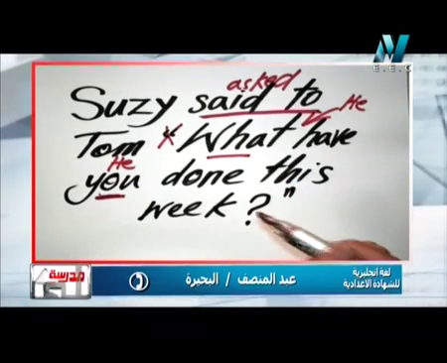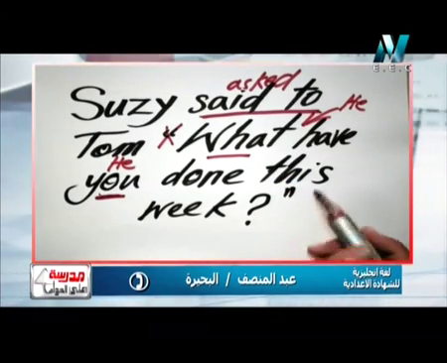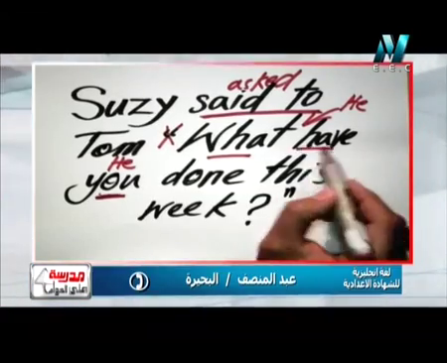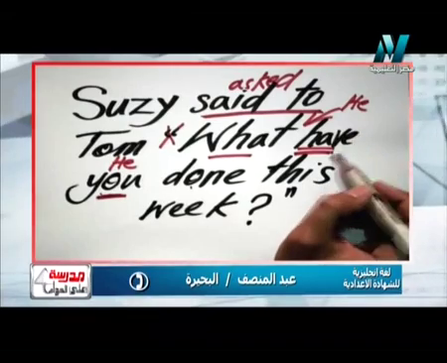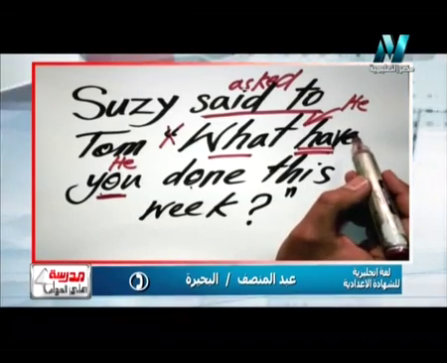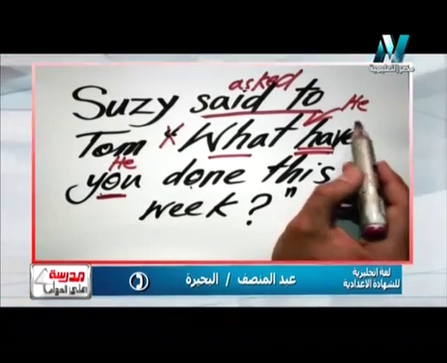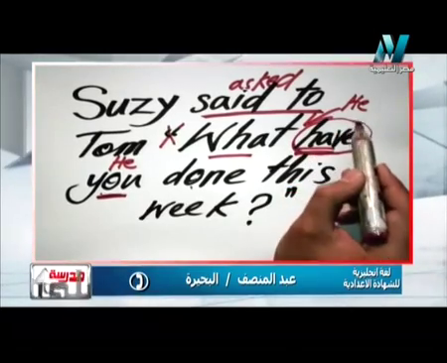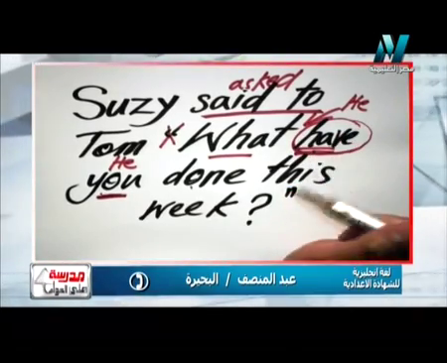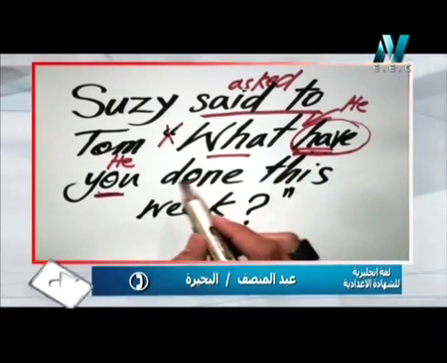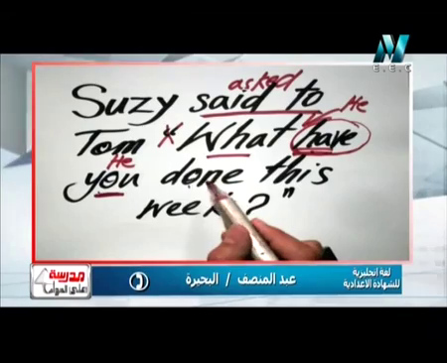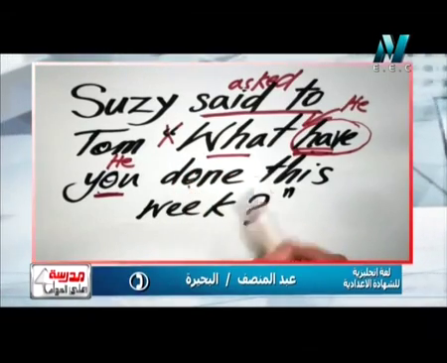Past perfect. And the tense we have, have done, is present perfect. The form of the present perfect is have or has plus past participle, and the past perfect is had plus past participle.